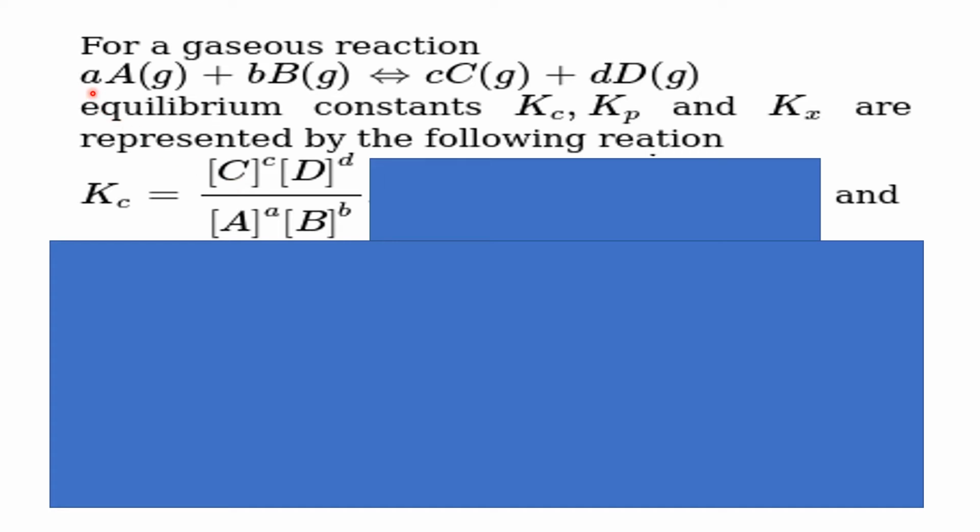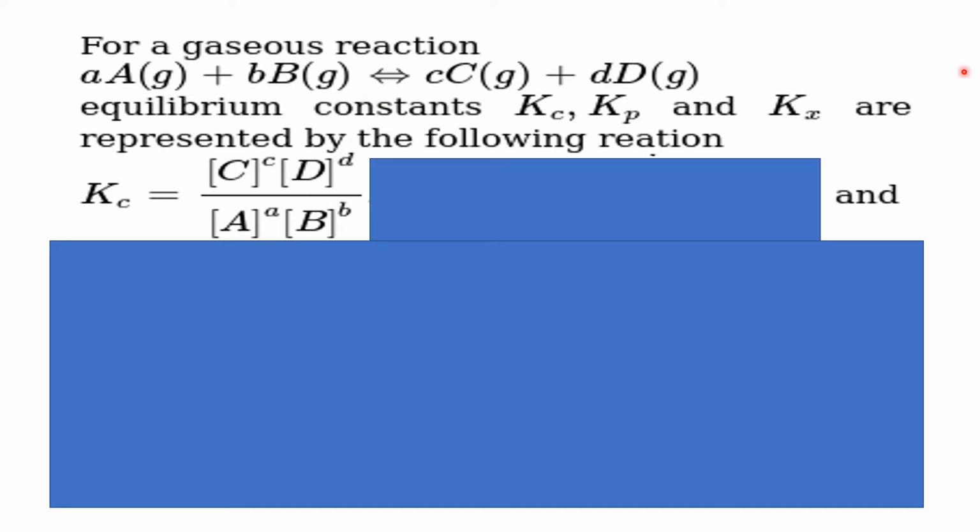If all the concentrations are expressed in moles per liter, we could use the equilibrium constant Kc, equal to the product of the molar concentrations of the products to the product of the molar concentrations of the reactants. But when we consider gaseous reactions, moles per liter cannot be used. Instead, we have to use partial pressures.